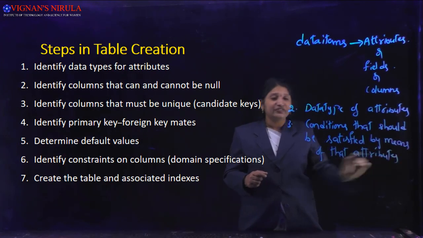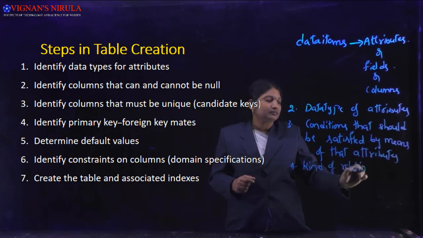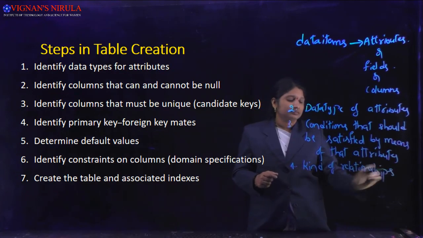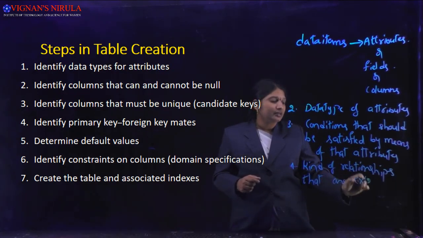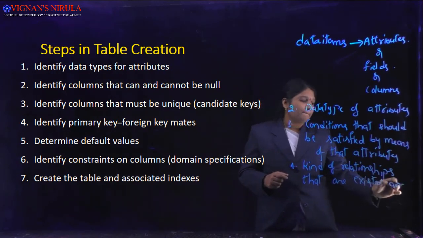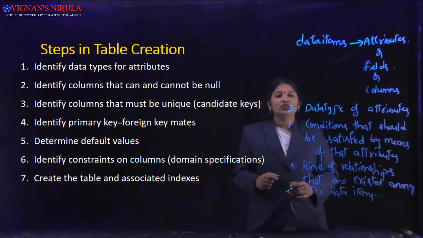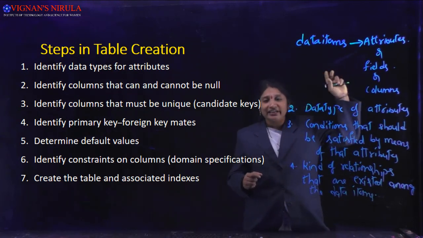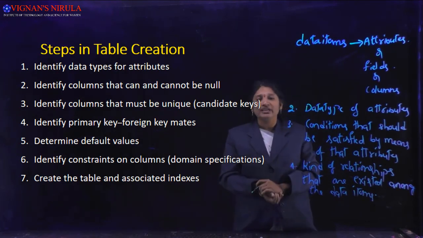And you must define the kind of relationships that exist among the data items also. So before we define the table, you must identify the attributes, their data types, their constraints, as well as the relationships. All of them should be identified.